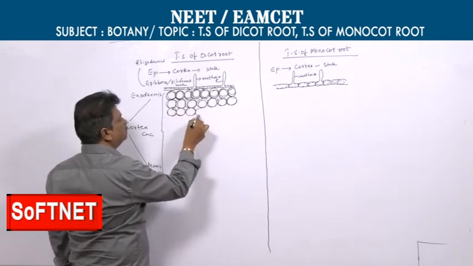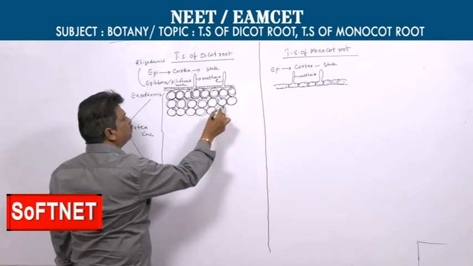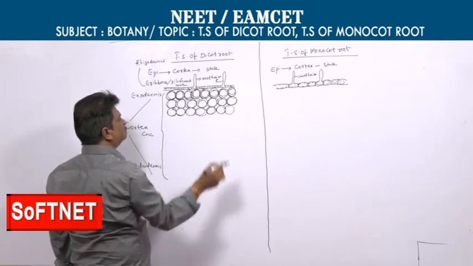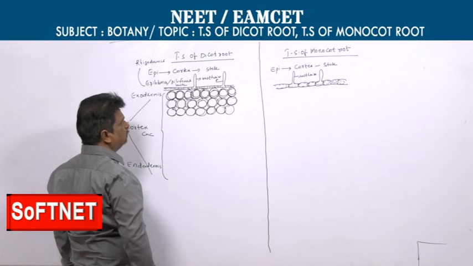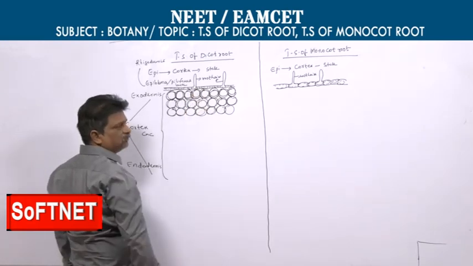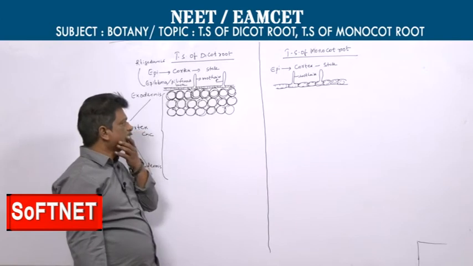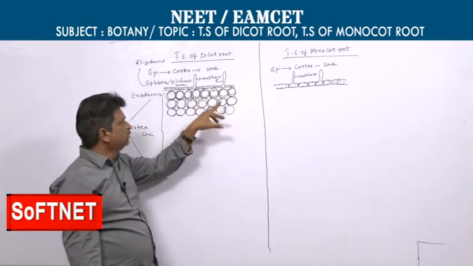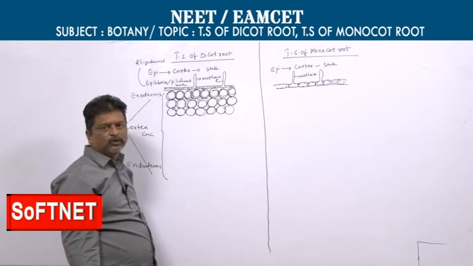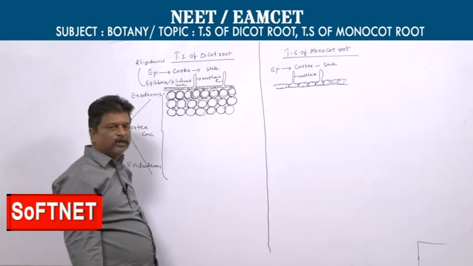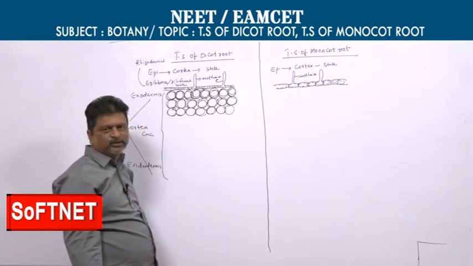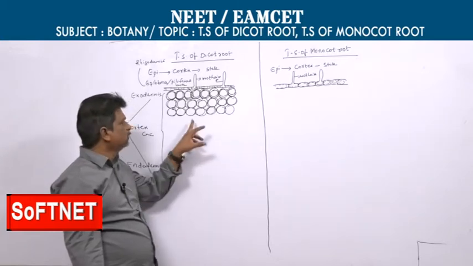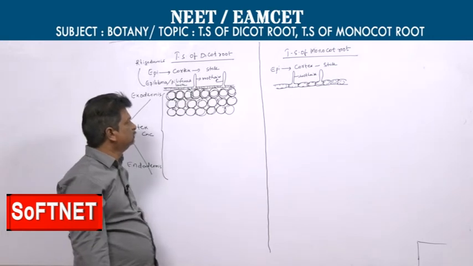In dicot root, exodermis is 2 to 3 layered. Function of exodermis: if epidermis is ruptured, it means old root. In old root, if epidermis is ruptured, this exodermis acts as protective layer. And second, because of suberin, it prevents leakage of absorbed water. That is exodermis.